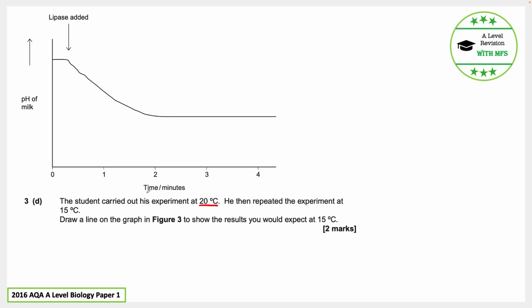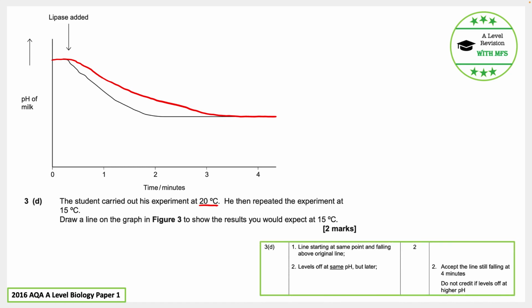If it's carried out at 15 degrees, the reaction is going to happen a bit slower because you're at a lower temperature. However, you will start off from the same point and you will come to the same endpoint. Okay, so when drawing this line, start off with the same point and gradually come down and you will end at the same point, just like that.